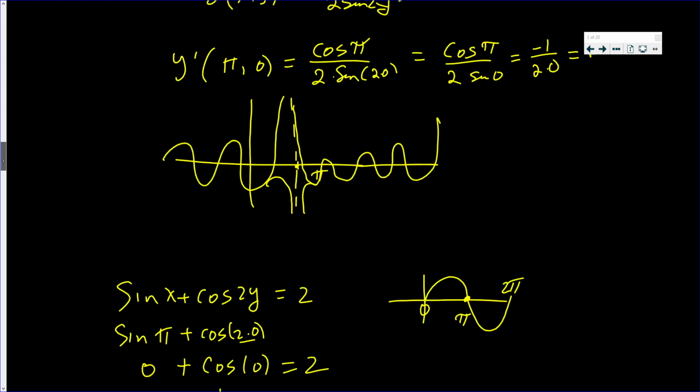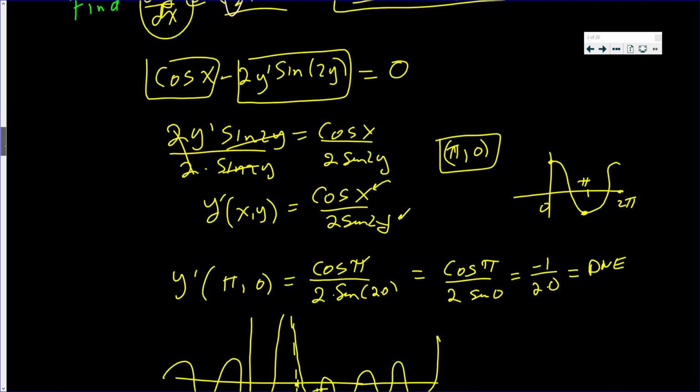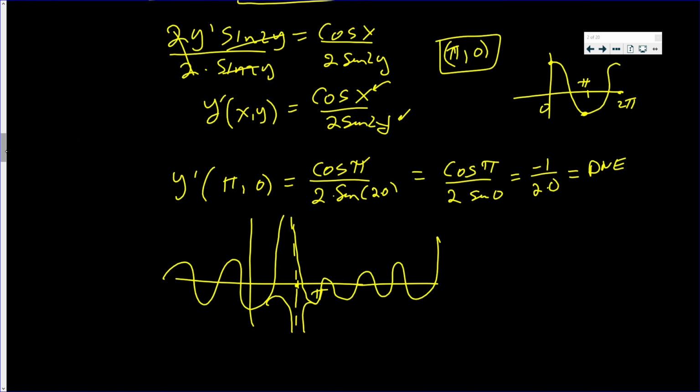So, the real problem we have here is that I've been plugging in pi when they clearly told me to plug in pi over 2. Okay, so this is pi over 2. And what is the cosine of pi over 2? Pi over 2 is in the middle of 0 and pi. So cosine of pi over 2 is 0.